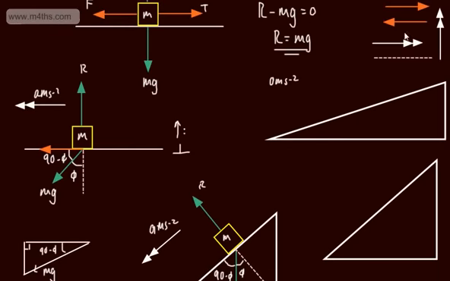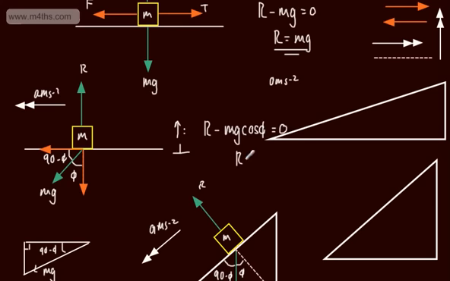Now if I take this arrow right here, we've seen that the weight in the horizontal direction would be mg sine theta. What we've got just here is going to be mg cos theta. So when we're resolving perpendicular to the plane, we can say in general R minus mg cos theta will be equal to 0.